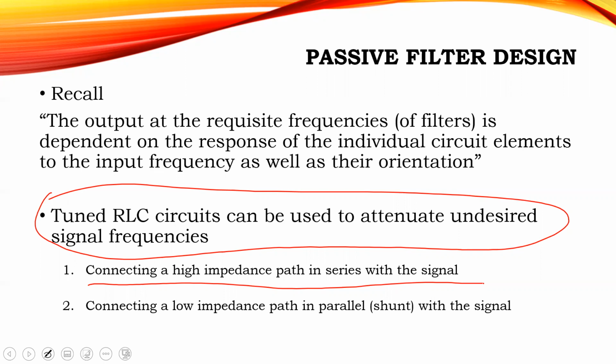Let me say that again, just to get it clear. The signal you want to attenuate, you're either going to have the high impedance path in series with the signal, or the low impedance path in parallel.